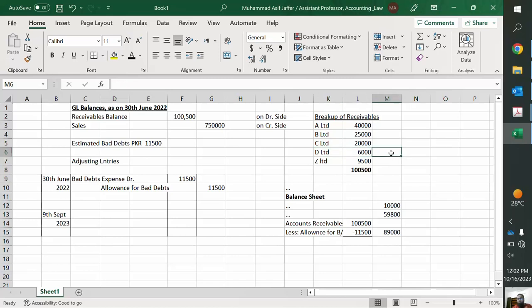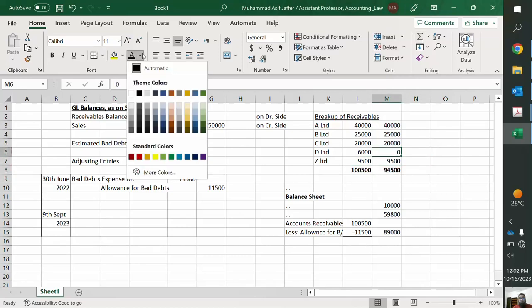So now what should we do? We should remove D. All the other things should be the same. This should be 0 and this should be 9,500, and the total would become 94,500. This is what happens when this customer is not paying.